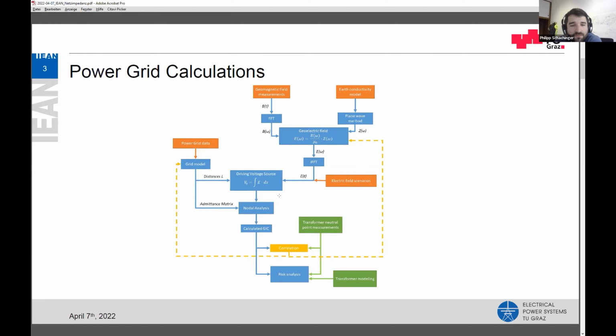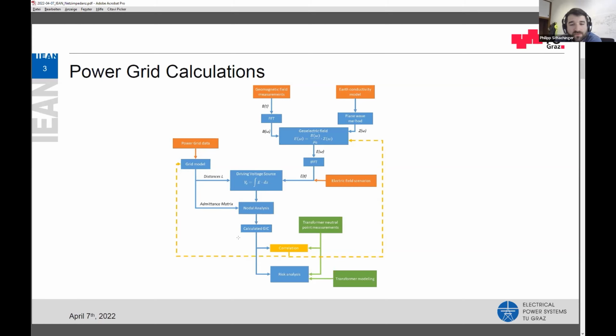And with the nodal analysis, which we all know from, for example, load flow calculations, we calculate those geomagnetically induced currents in every line and transformer and substation grounding, for example, in the Austrian power grid. And then we can correlate these calculations with our measurements.